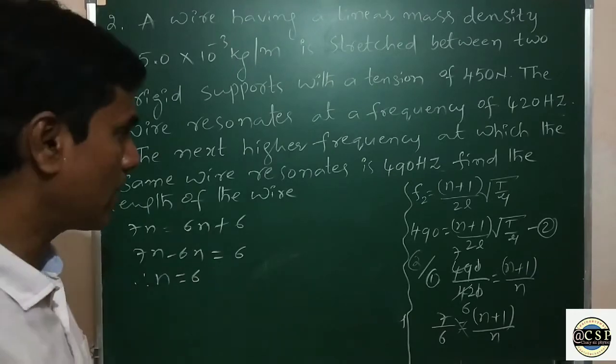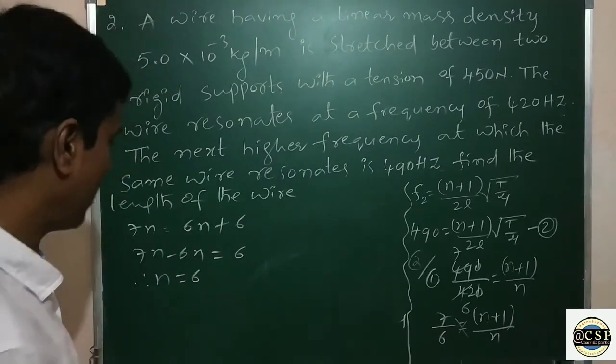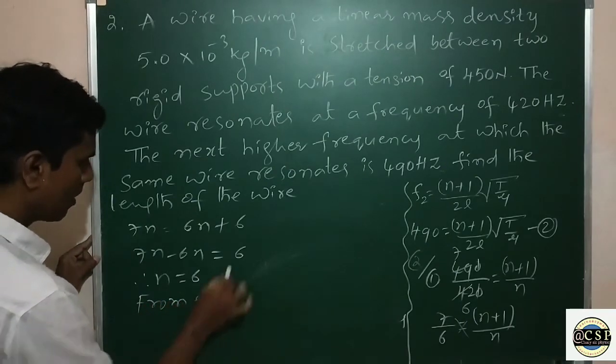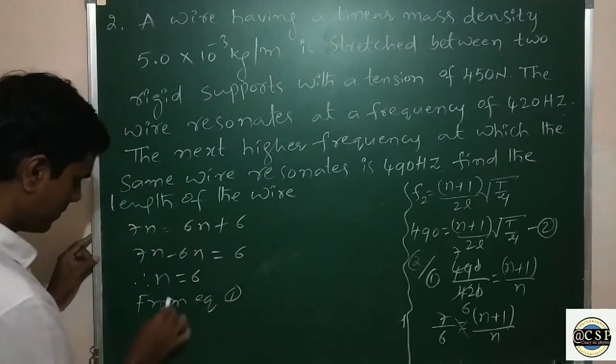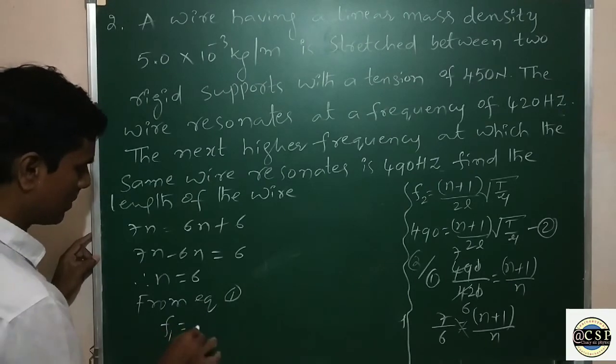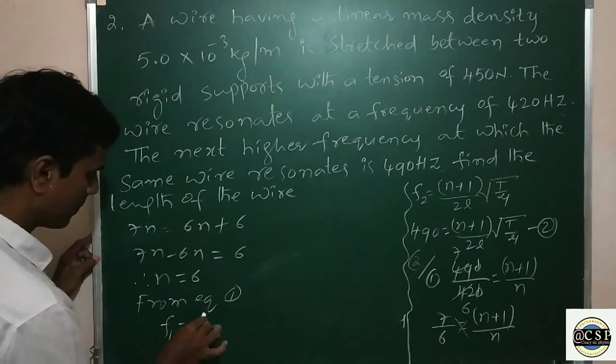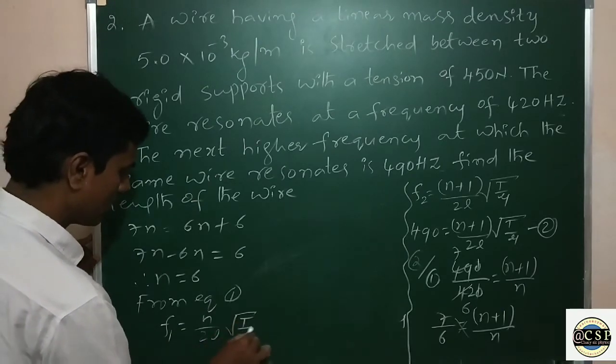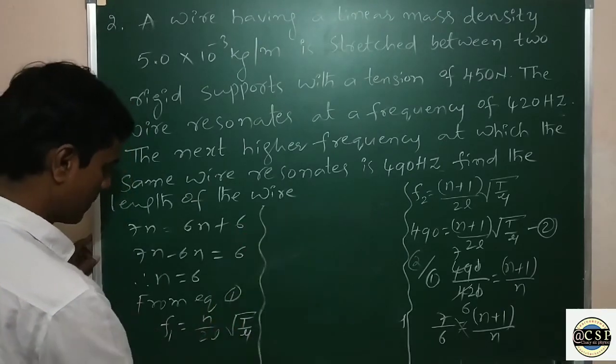This value we put in equation 1. From equation 1, f1 is equal to n divided by 2L into root T by mu.